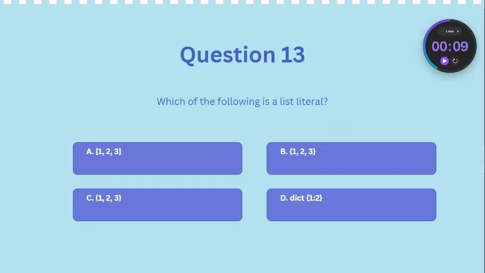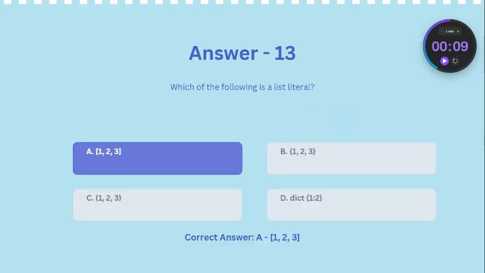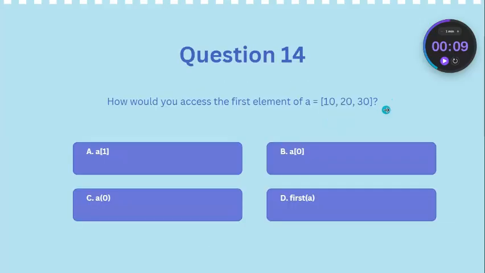Which of the following is a list literal? It is A. How could you access the first element of a list? It's easy because I told you in the previous lecture 8 that the indices are 0, 1 and 2.